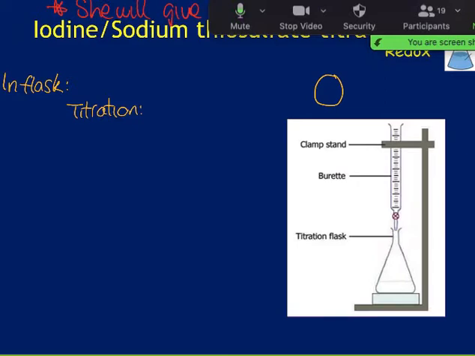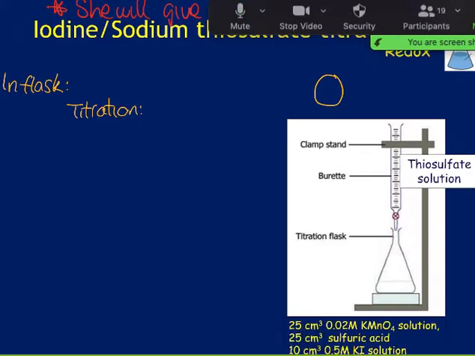But there's 2 ways that you can make iodine in a conical flask. So what you would do is you would actually put KMnO4 and KI in your conical flask.